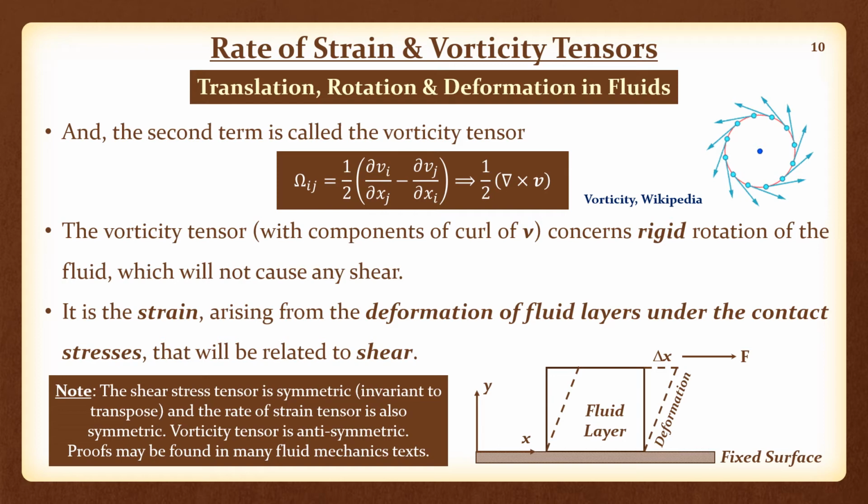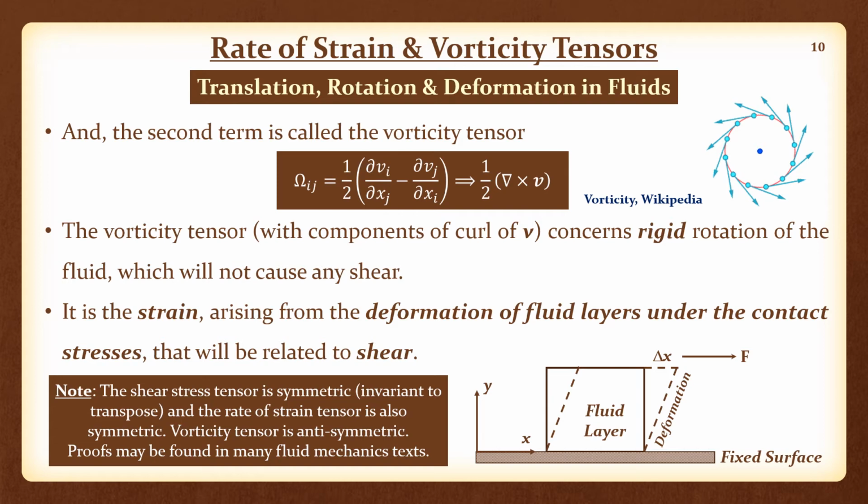Now this breaking and reforming of the secondary bonds causes this sliding motion, which causes this friction, which causes this slip, so to speak. That means that the fluid particle is being deformed.